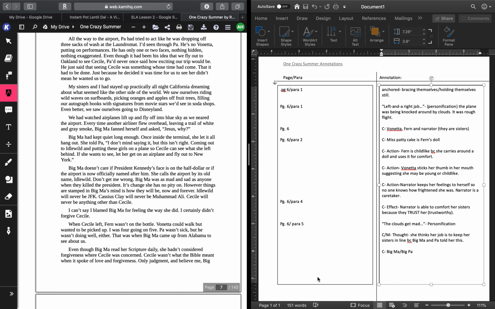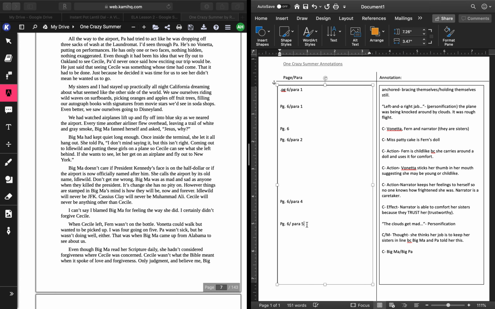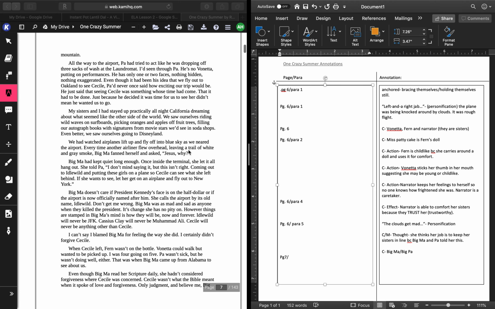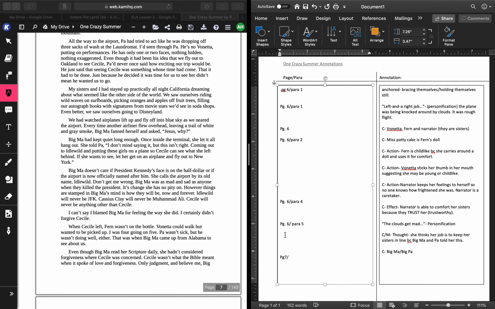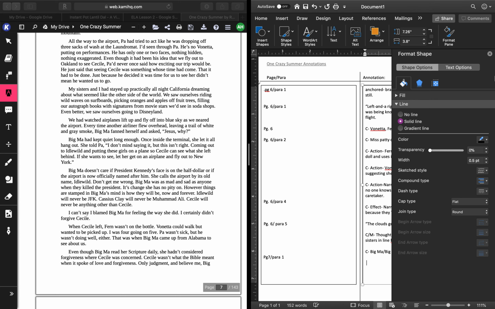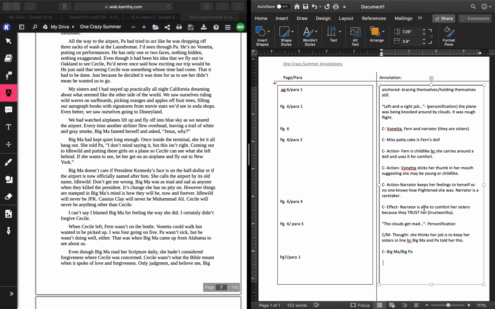So we learn a little bit about Big Pa here. It appears that the girls live with Big Pa and Big Ma. Okay, and this is paragraph 1 of this page. So we're going to come over here, and we're going to talk about who Big Pa is.